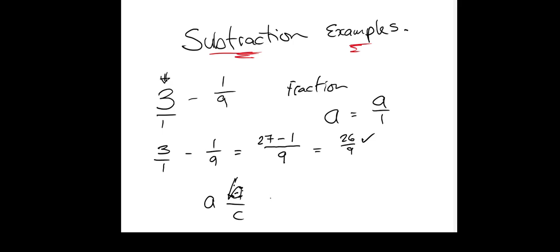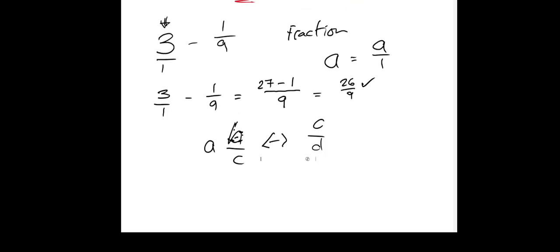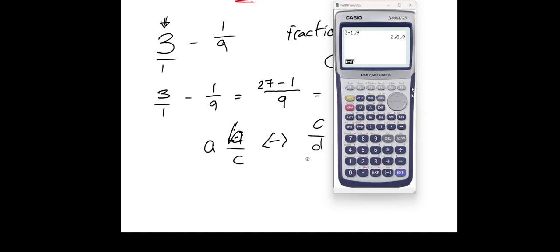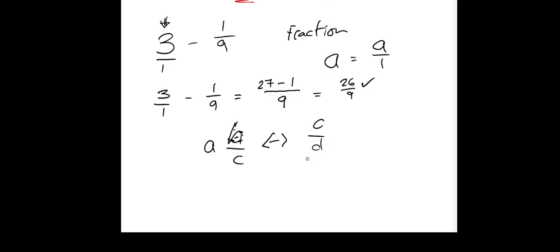B over C into, I think it's C over D or something like that. So 26 over 9 is fine for our purposes, although we can rewrite that. What was the answer they gave? 2 8/9.